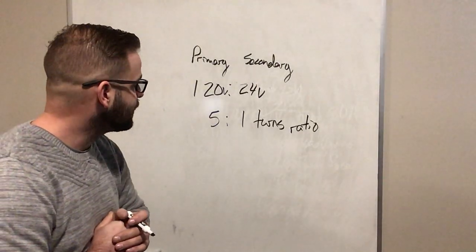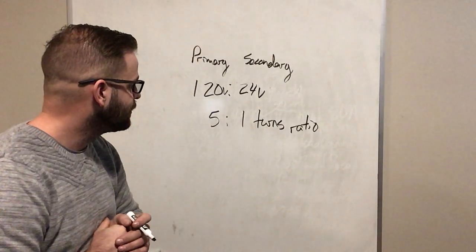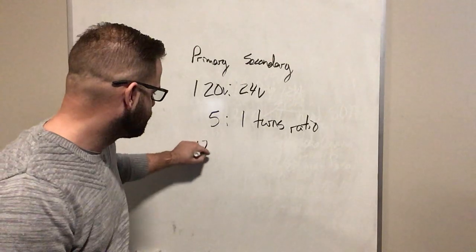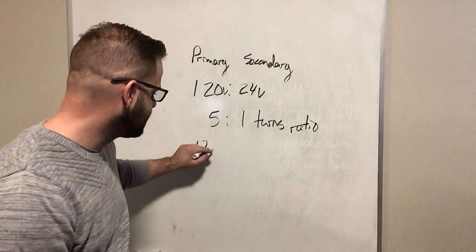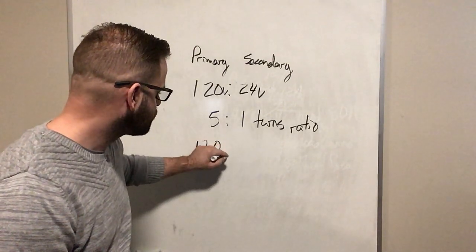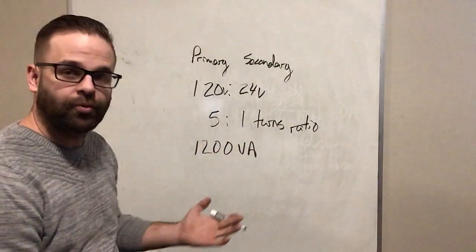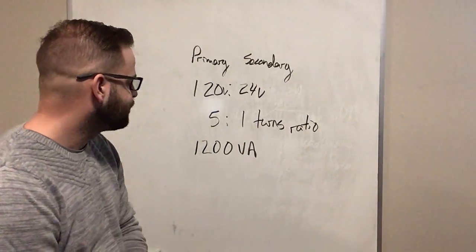So let's say I had a VA rating of, let's do 1200 volt amps, or that would be 1.2 kVA.